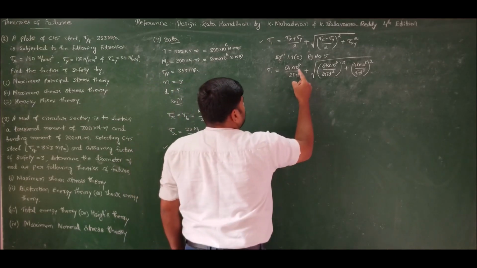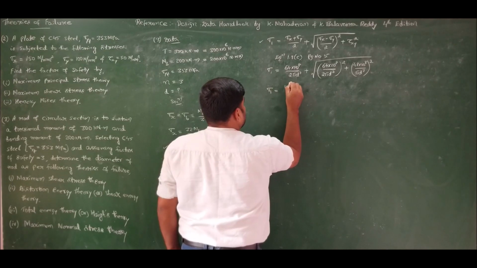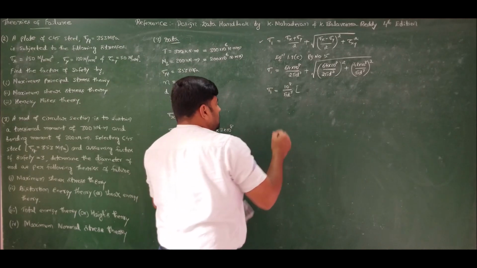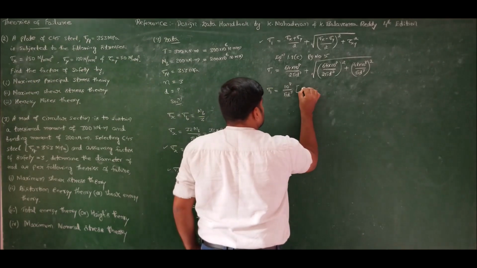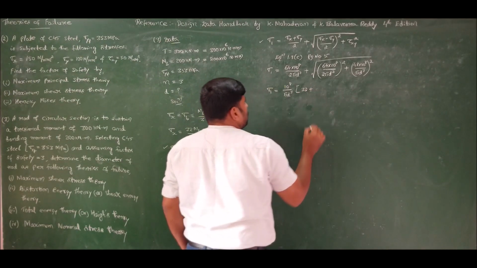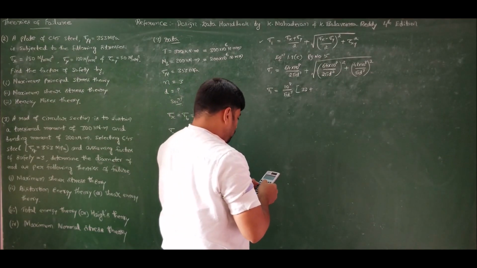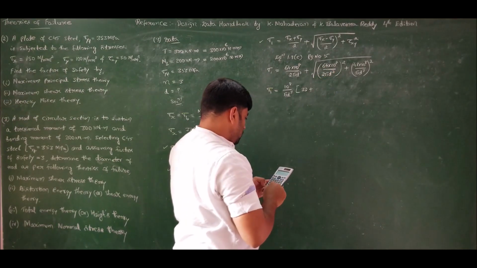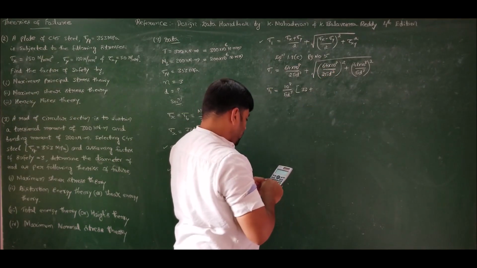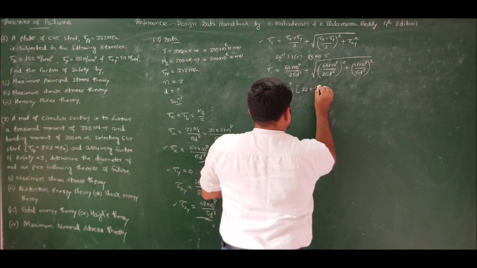Now if I take 10 power 8 by pi d cube common, sigma 1 will be 10 power 8 by pi d cube times 64 by 2, that is 32, plus root of 64 by 2 whole square, that is 32 square plus 48 square, which is nothing but 57.69.